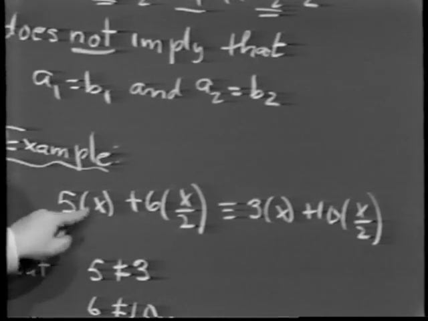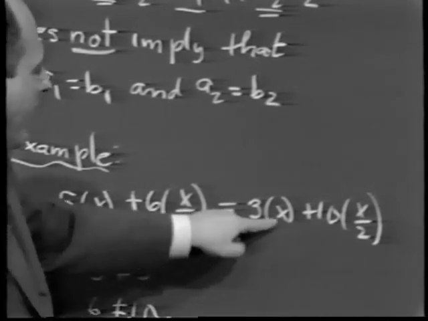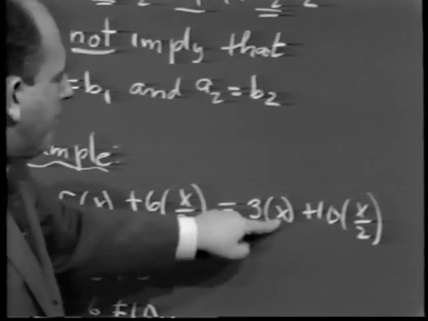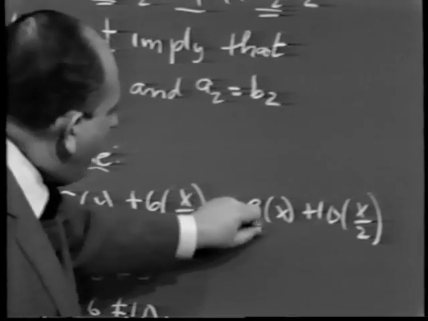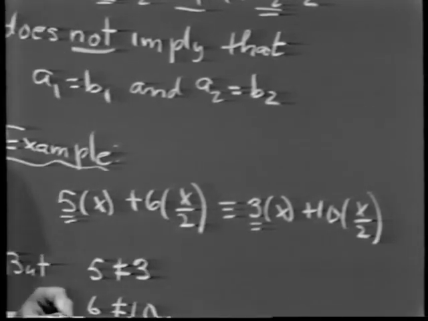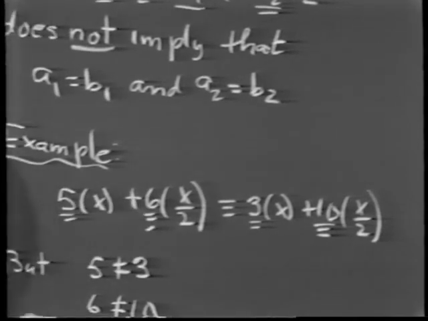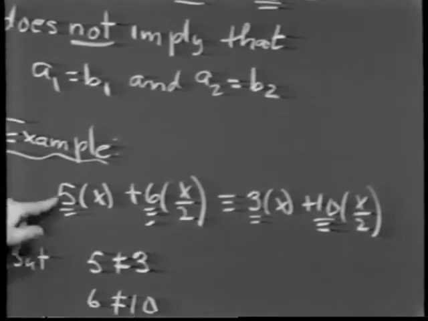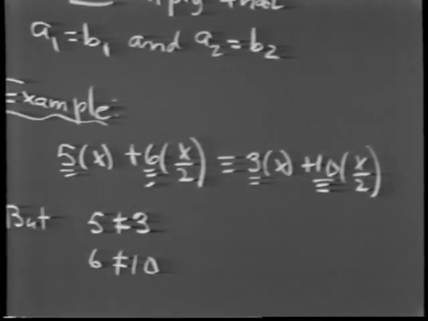In other words, 5 times x plus 6 times x over 2 is identically equal to 3 times x plus 10 times x over 2. Yet you can't say, therefore, the coefficients of x must be equal and the coefficients of x over 2 must be equal. In fact, if you said that, you'd be saying that 5 is equal to 3 and 6 is equal to 10, which, of course, is not true.